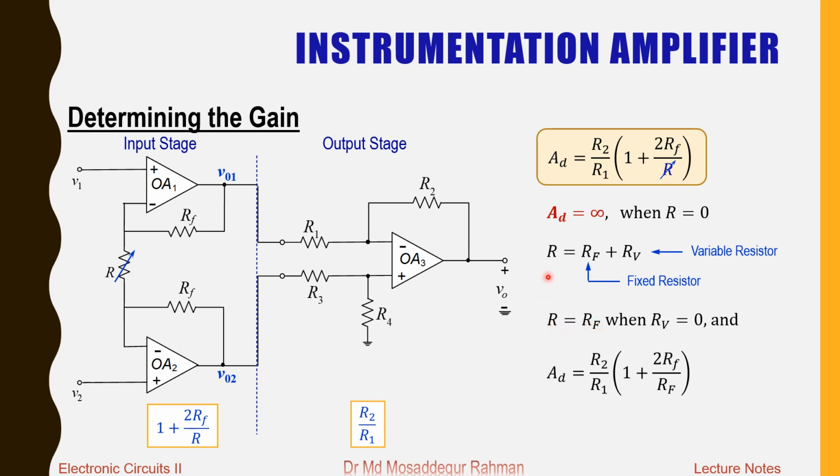So R will not become 0, even if the variable resistance becomes 0, and the overall gain will become this. So in the denominator we have now Rf when variable resistance becomes 0. So you don't have the short circuit and gain does not become infinity.